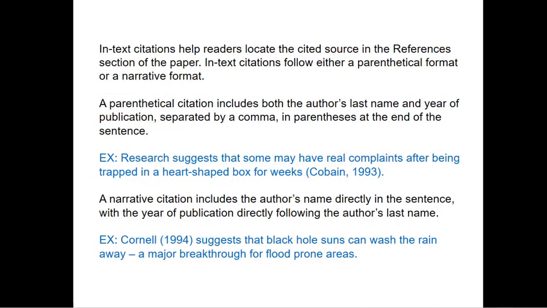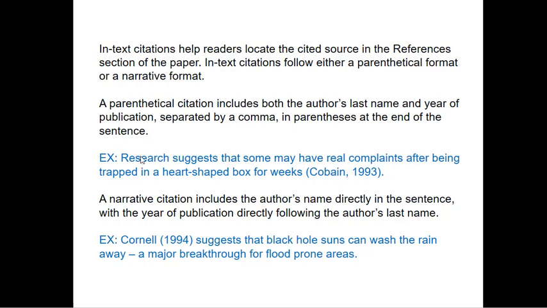And so if we move to the next slide here, we're going to start looking a little bit closer at in-text citations, and we're going to actually cover what a parenthetical and what a narrative citation is. So a parenthetical citation is going to be those citations that you put at the end of either a paraphrase or a quote, right? So these are things that you're probably a little more used to seeing.